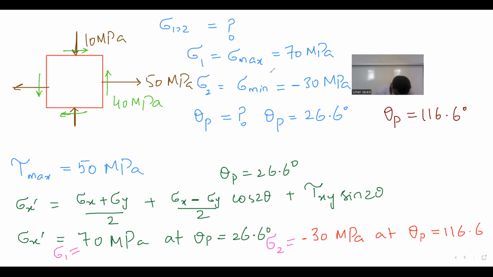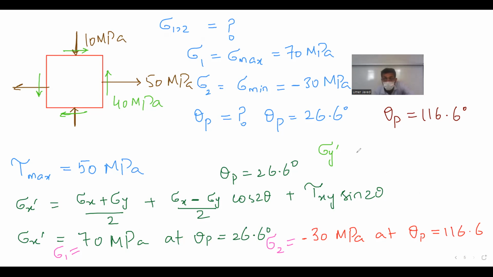Now, for example, this theta p is with respect to the x-axis, and therefore when we add 90 degree, this will be exactly the reason. Following the direction, this is the reason.